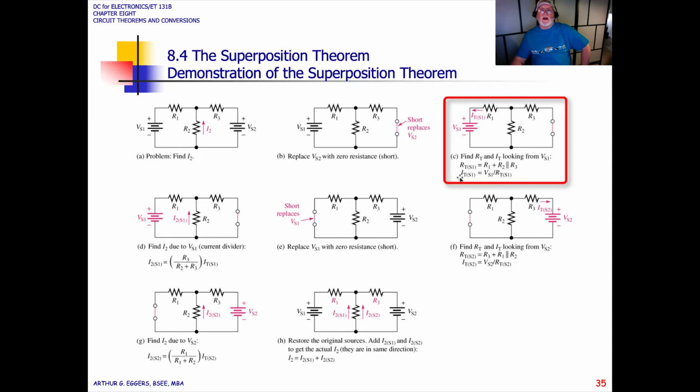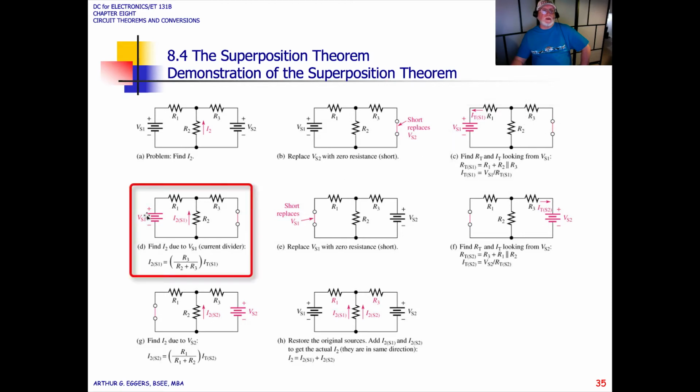I total from source 1 will equal V source 1 divided by the total resistance from source 1. So all we've done is remove this source and create a parallel relationship between R2 and R3.